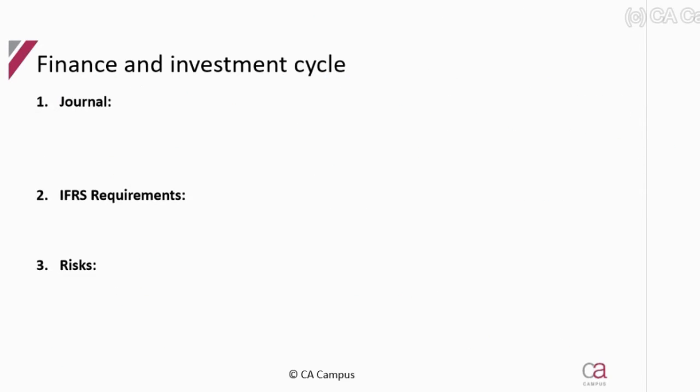Okay, so if we're looking at the journals, from a finance perspective, you expect to have a debit of bank and a credit of liability or equity. And so you have your date for your journal, your details, and your amount.